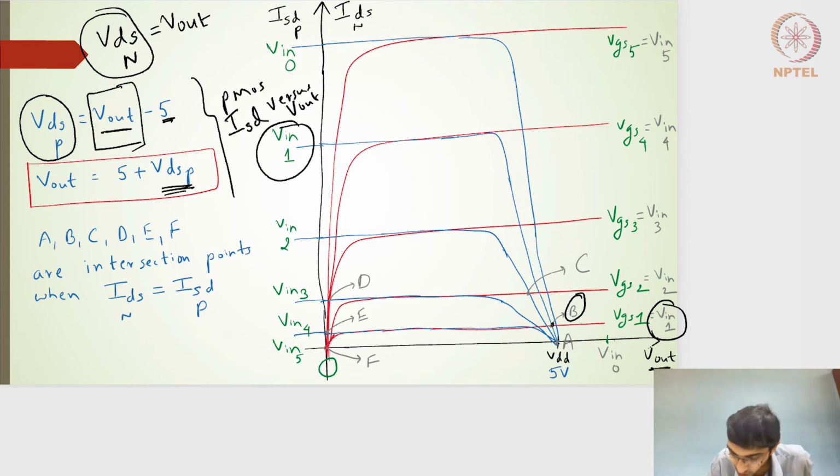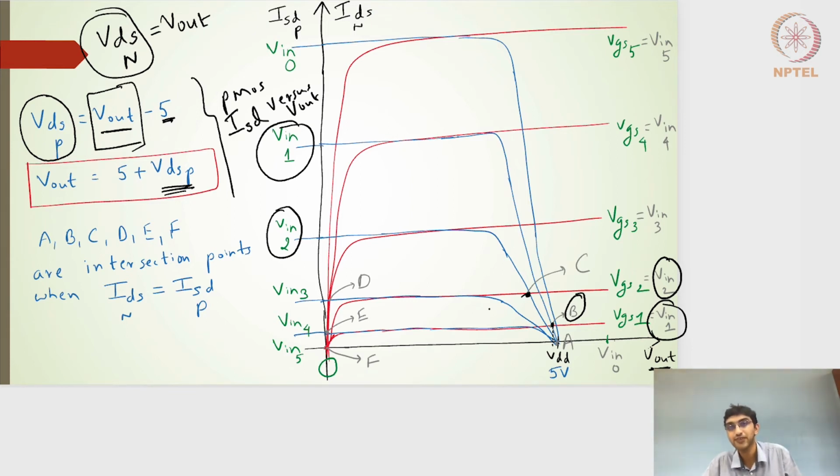If I drop this B point, the x-axis reflected point will give me the output voltage of the B point. Similarly, if the input is 2 volts, the blue line of input 2 volts and the red line of input 2 volts will intersect at the C point.